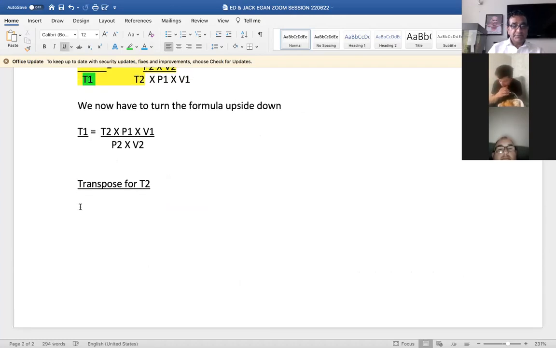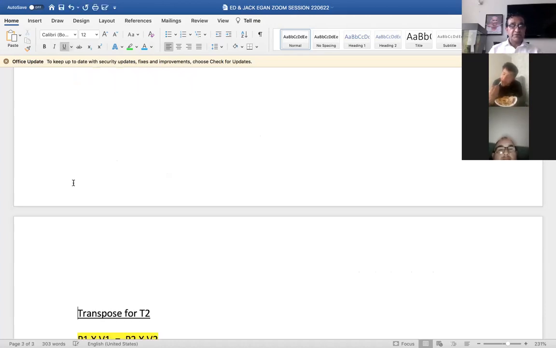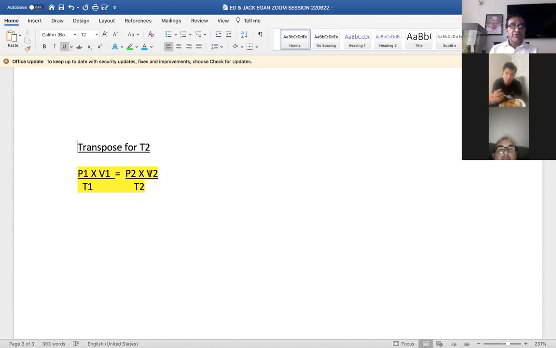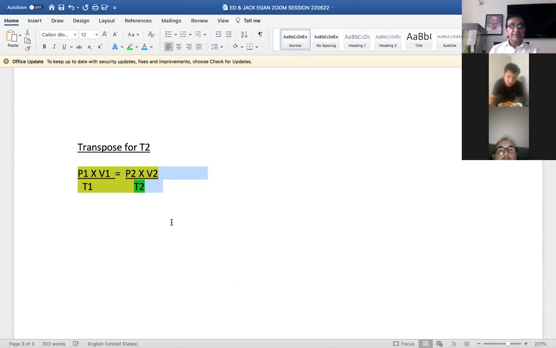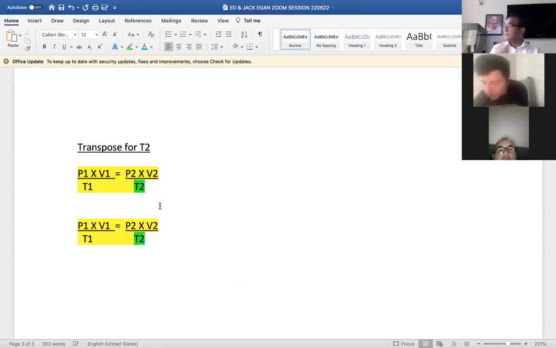And so we're saying, right, we've got the formula here. I'm going to flip it, I'm going to go down the page, otherwise I'll be running out. So now we're trying to find this bit here. So our process is to get T2 on its own. So if I just copy this out here, edit, copy, and let's just do that bit there. Now, P2 and V2 are going to come to the bottom here.